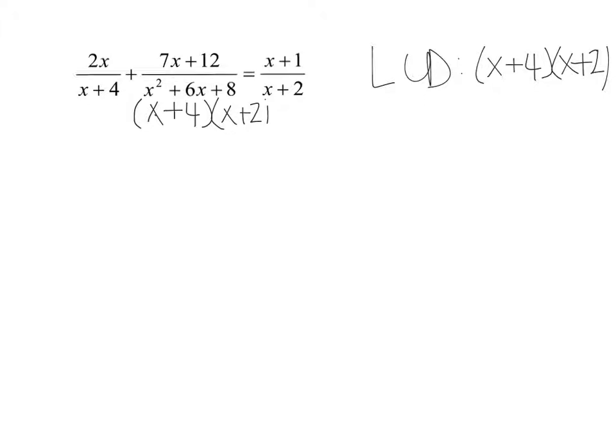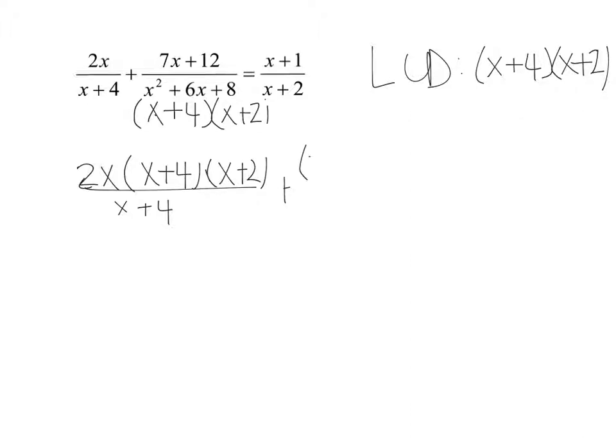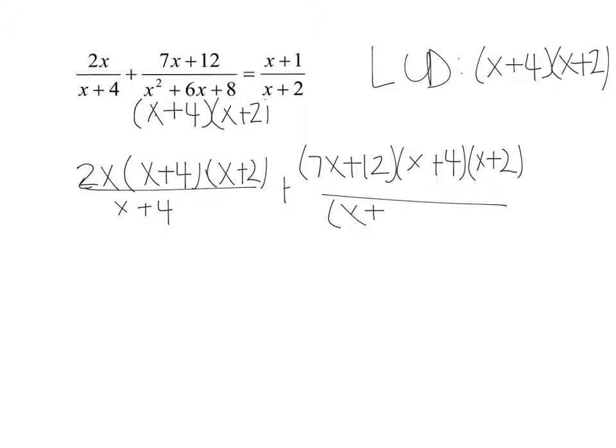Let's multiply our numerators by our LCD. We get 2x times x plus 4 times x plus 2 over x plus 4, plus 7x plus 12 times x plus 4 times x plus 2, all over, and again I'm going to write the factored form of our denominator, which is x plus 4 times x plus 2.